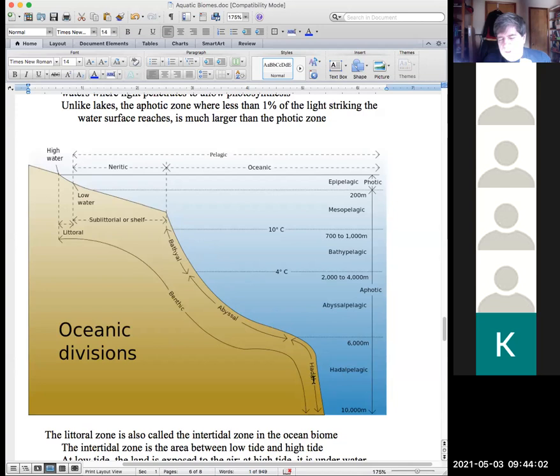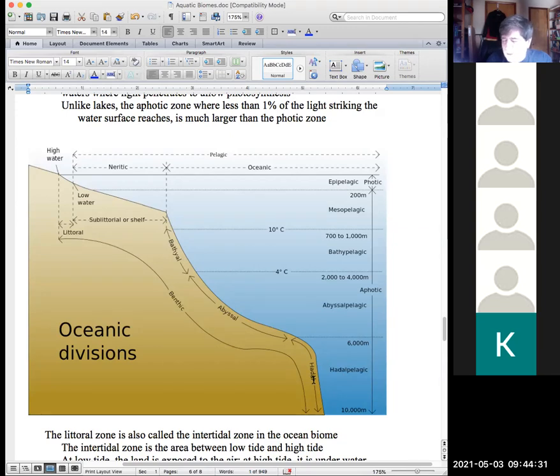Now, one of the things we see once we get down past about 1,000 meters, it's very difficult to study the benthic organisms that live on the bottom of the ocean, or it's difficult to study fish that live down in these areas and never come up higher, because the animals on the bottom of the ocean, the fish that live here and never come up, microorganisms in this area, they're under a tremendous amount of pressure.